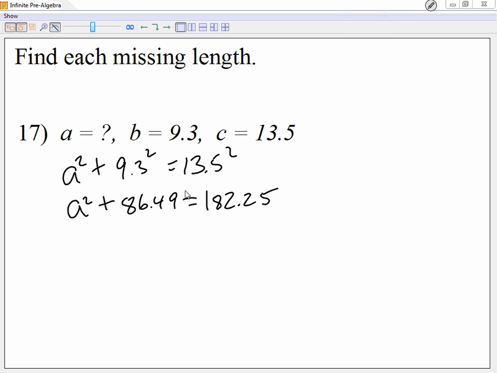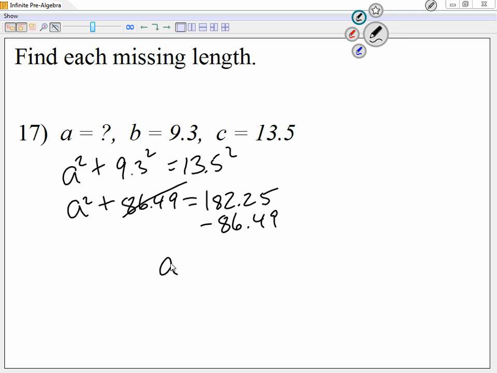Now, since my numbers have an equal sign in between them, I'm going to move this 86.49 to this side, but don't forget to switch the sign. Every time we move something from one side to the other side of the equal sign, we switch the sign. So don't forget to call that minus.